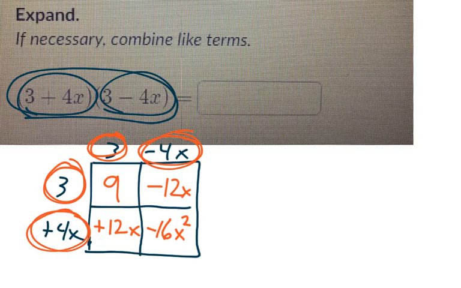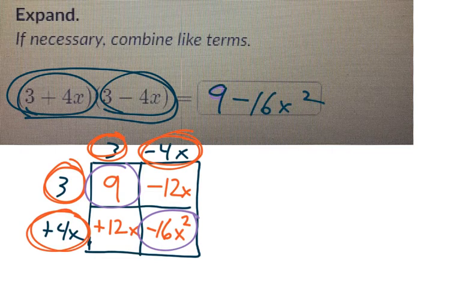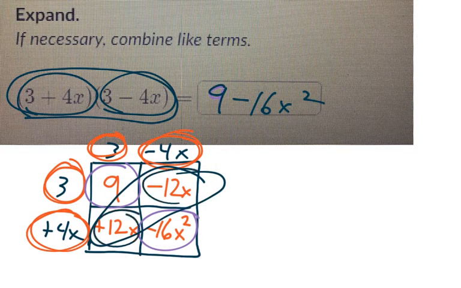So guys, notice what's going to happen here is we have a 9. We're going to type that in. We have a minus 16x squared, so we're going to type that in as well. So 9 minus 16x squared. That's our answer, because look what happened right here in the middle. The 12 and the minus 12 canceled each other out, didn't they? And that's what happens when you have the difference of two squares.